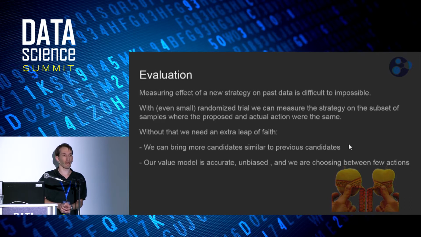So we have several policies of taking actions, and we want to evaluate them. So we will evaluate each policy only on the subset of data where it matches the randomized data. And if it matches, then it's statistically valid, and we know how to evaluate how good the new actions are.